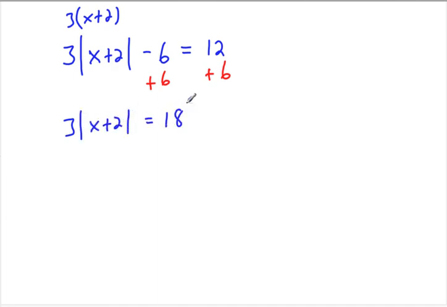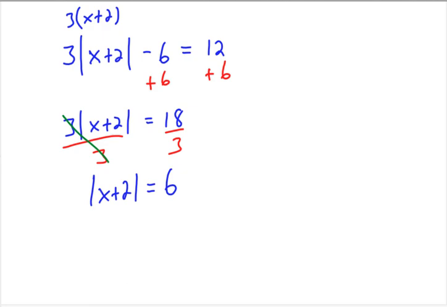So right now we have 3 times something equals 18. So instead of multiplying this 3 to everything, we can divide everything by 3, right? And so we end up with the absolute value of x plus 2 is equal to 6.